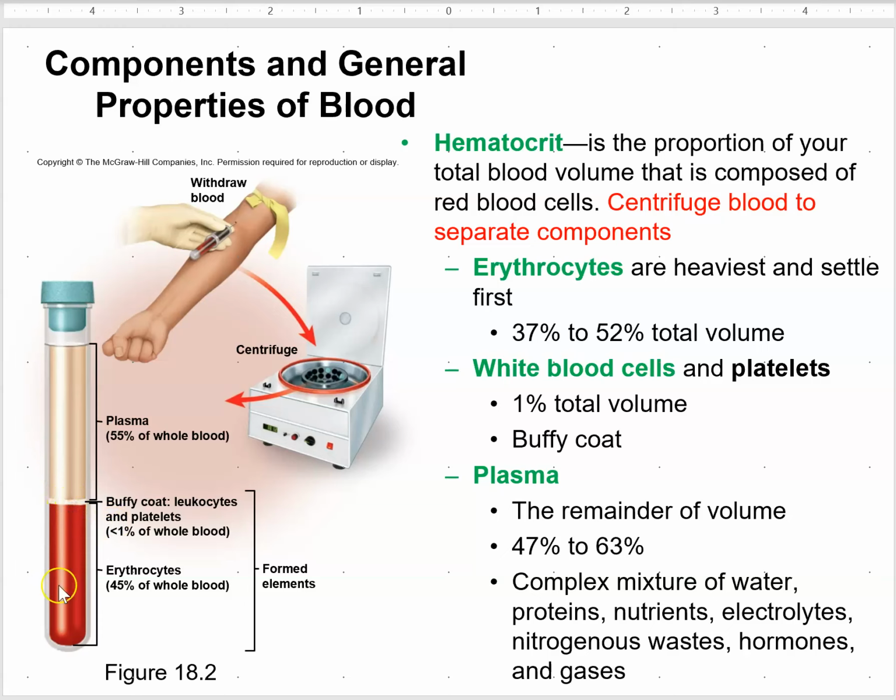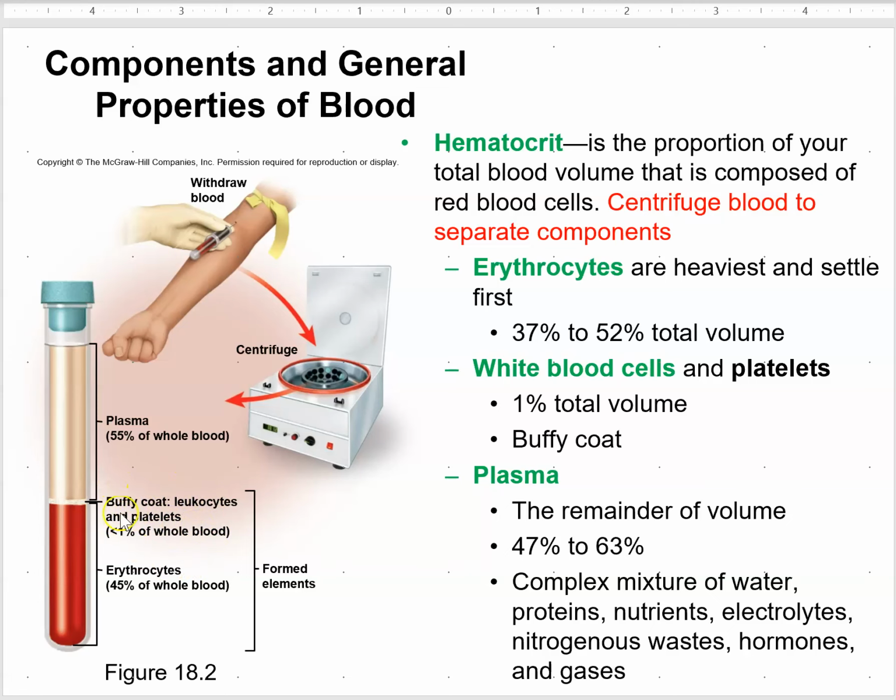The heaviest element in the blood is the red blood cells, so the red blood cells settle at the bottom of the tube, and right above the red blood cells you see a buffy coat. It's called a buffy coat because of its color, and the buffy coat, a very thin coat in between the top watery layer and the bottom dark layer, which contains RBCs, is mainly a mixture of leukocytes and platelets.